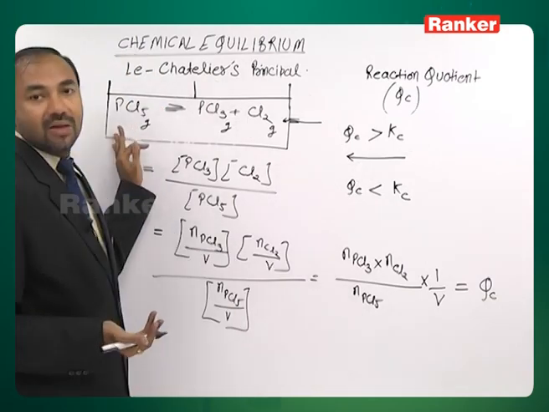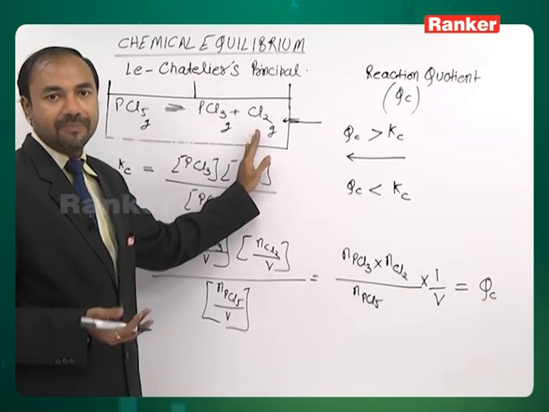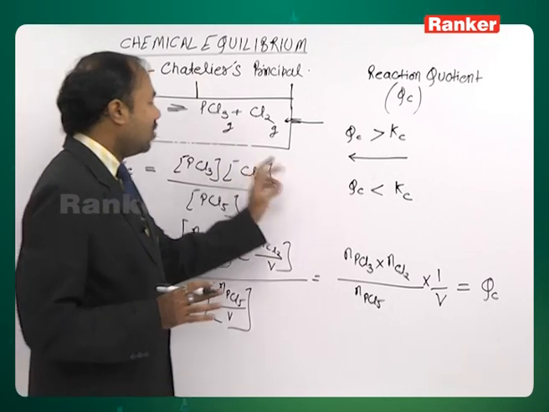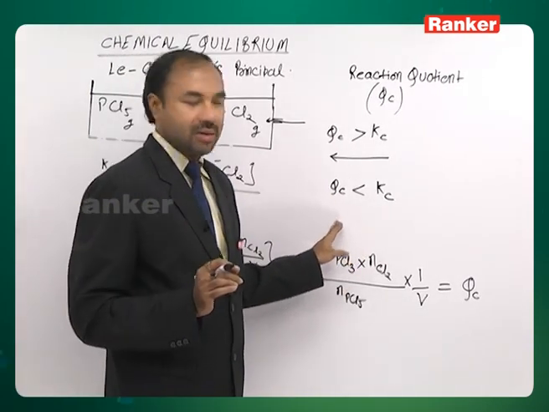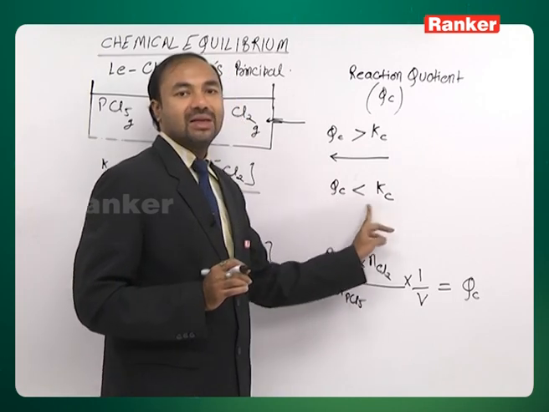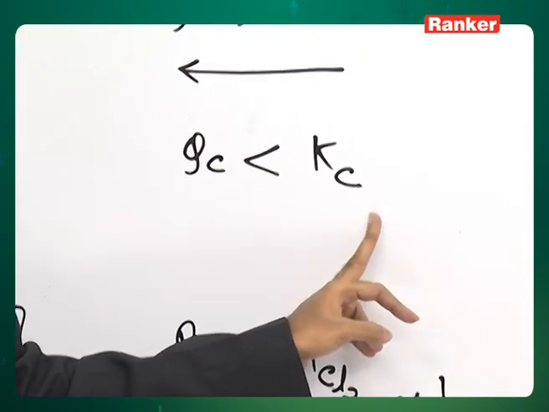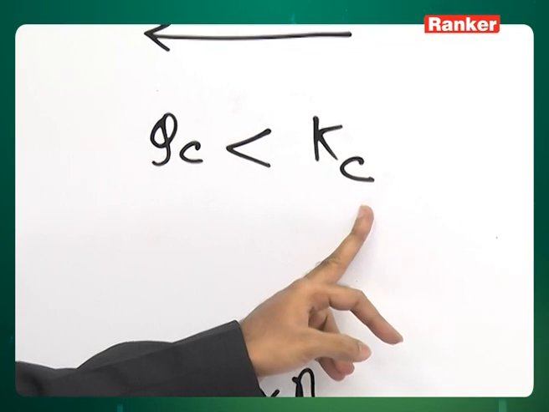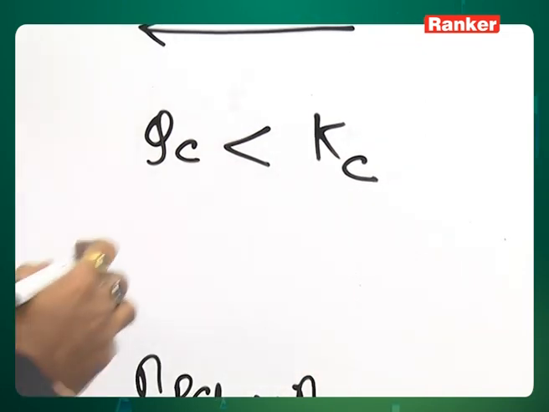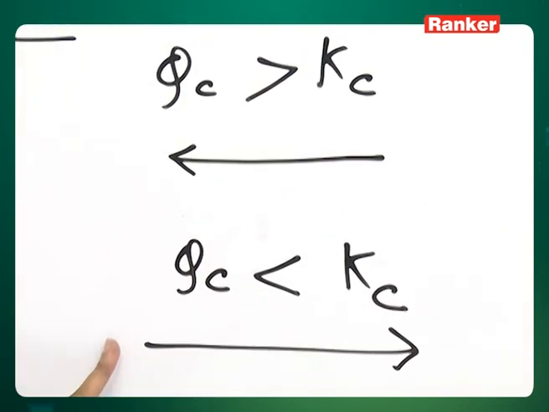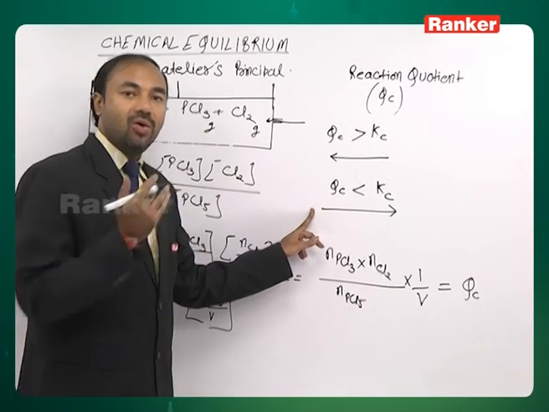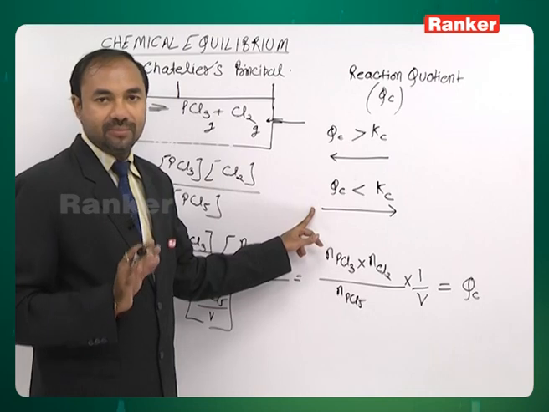If equilibrium shifts in the forward direction. Got it? This is how we can say for a certain expression, if at a certain instant QC comes out to be lesser than Kc, at that particular instant the reaction would have been moving net in the forward direction. Remember, we are using the word net. Backward also would have been taking place there.